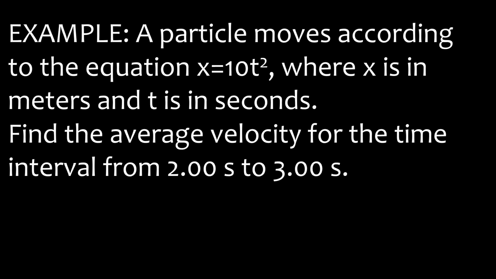For every time, we have an equivalent position. Whatever you substitute in that equation for the value of t, you will get a position value for x. So we know exactly where the object is for every time.